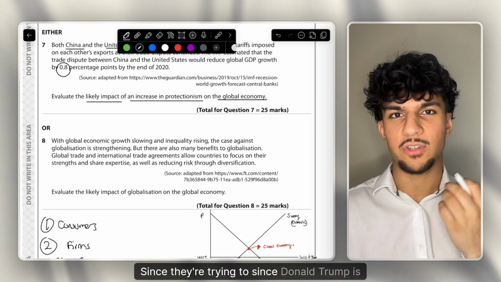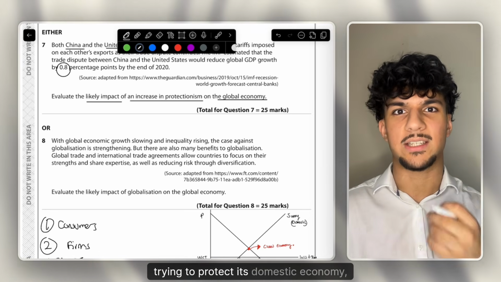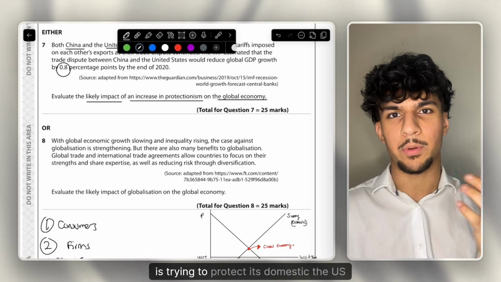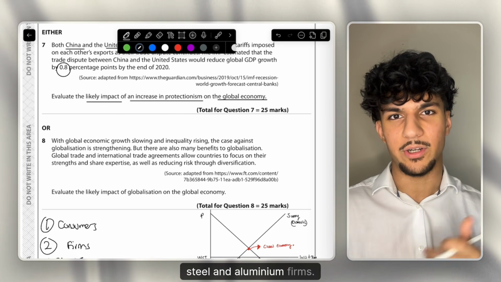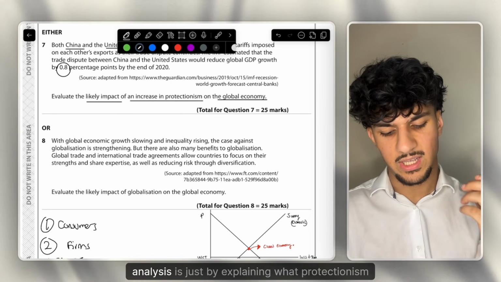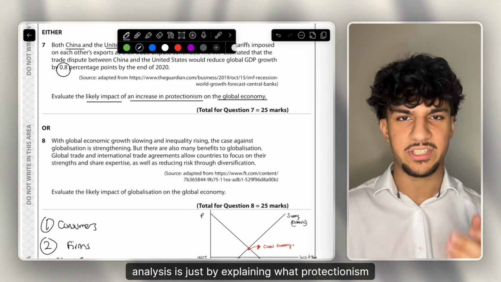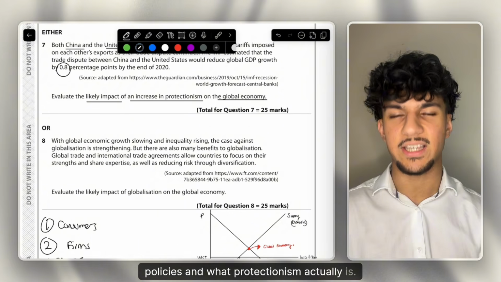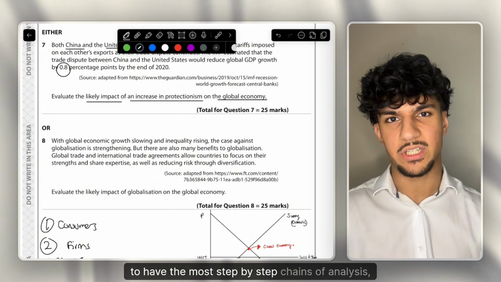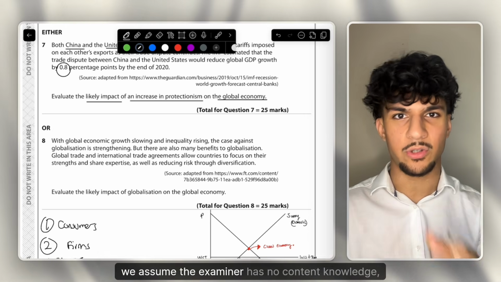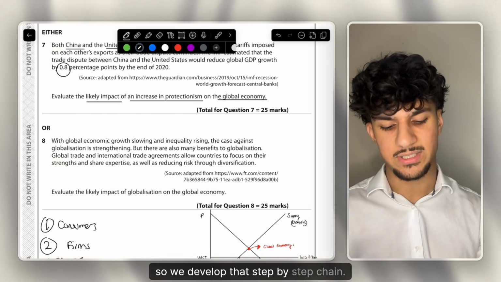Since Donald Trump is trying to protect the US steel and aluminium firms. The way we get started with a chain of analysis is just by explaining what protectionism policies are. Since we're always assuming the examiner has no content knowledge, we develop that step-by-step chain.